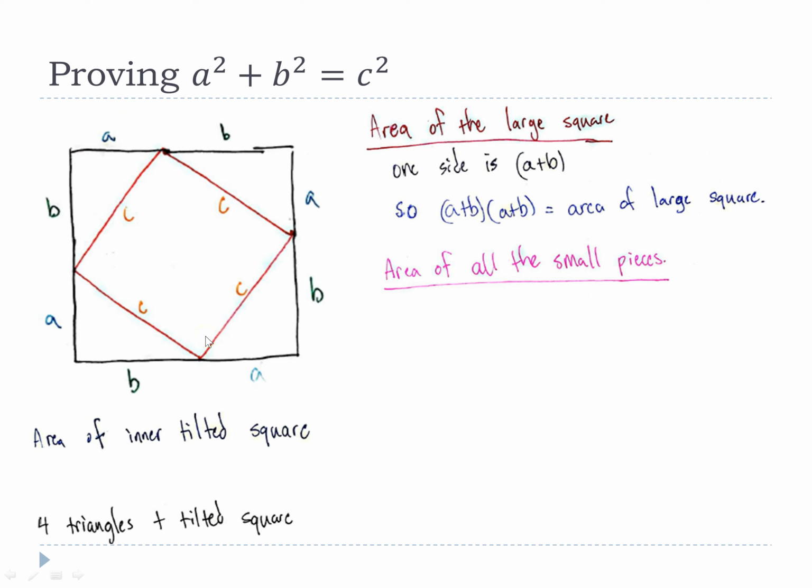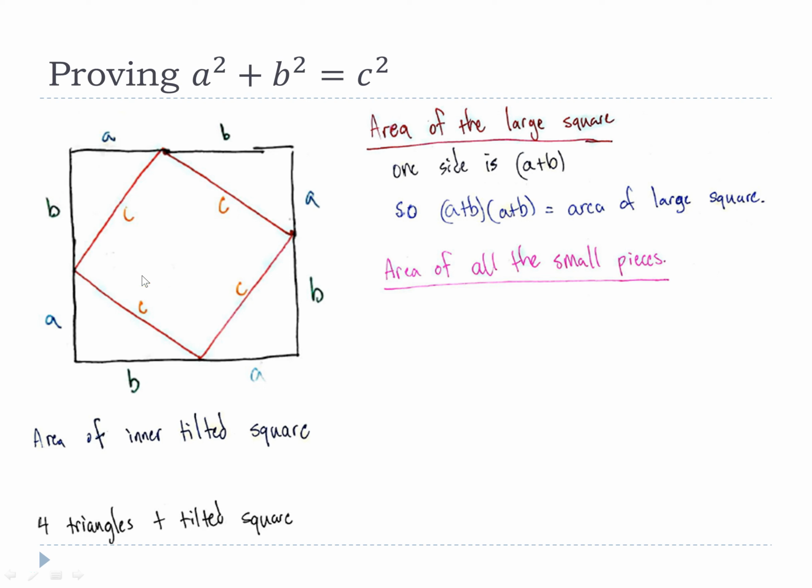Now here's the other part. We can also find the area of all of the small pieces. If I found the area of all four of these small triangles and the area of the inner tilted square, I would also find the area for the entire figure.